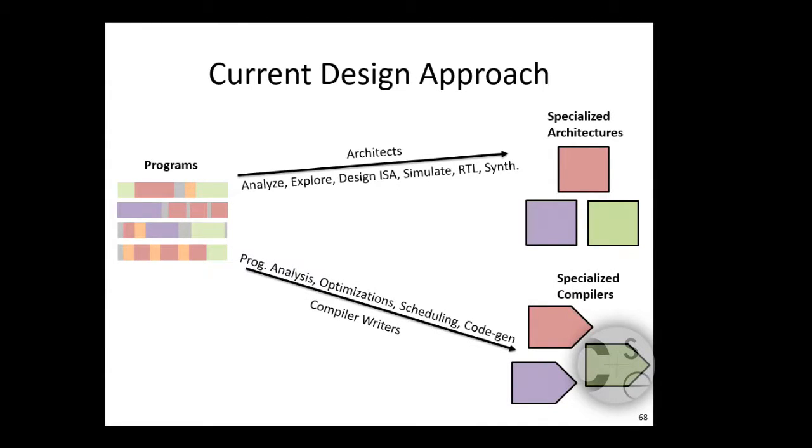So what that means is that we'll need compiler writers to do program analysis, optimization, scheduling, code generation, and then finally we'll have a compiler that can match any of the specialized architectures. This is a process I've been through in my own graduate career. It takes a long time, even to do a good job on one accelerator, into months or years range.